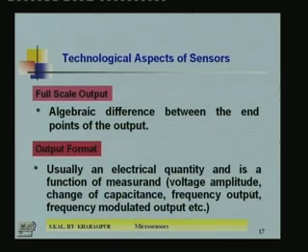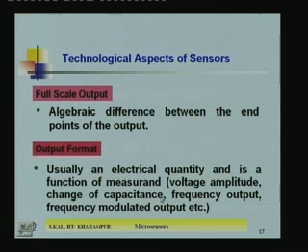Now, the second technological aspect of a sensor is full scale output. That is basically the algebraic difference between the endpoints of the output. Output format you also have to see. That is usually an electrical quantity and is a function of measurement.